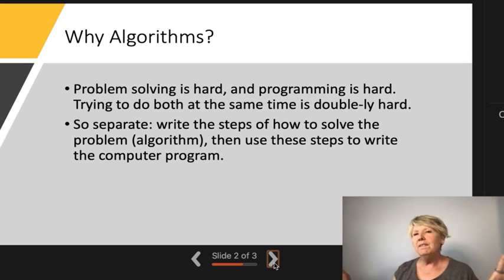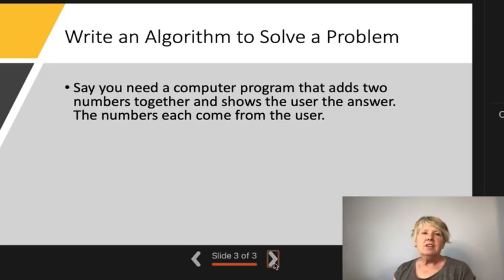So you're just doing one of these at a time, and it makes life much simpler and it makes you much less crazy. So let's say that you are going to write an algorithm to solve a problem which you're ultimately going to use to write a computer program.